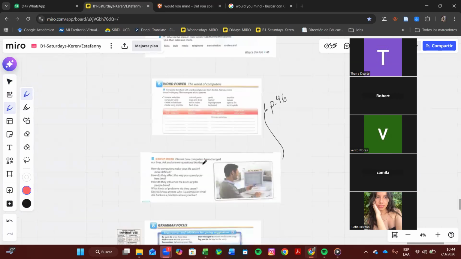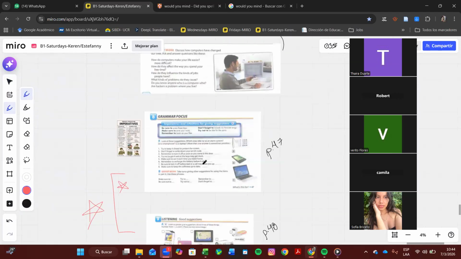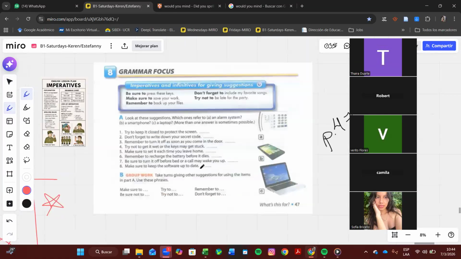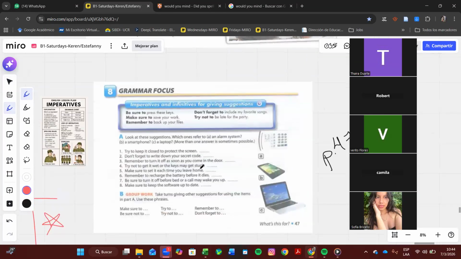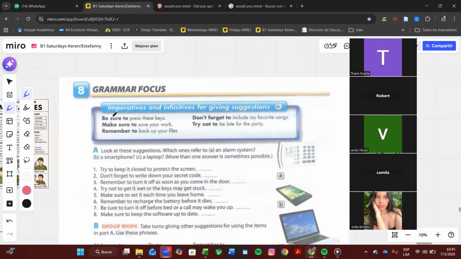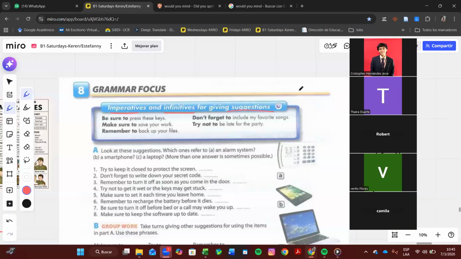Maybe we can go with this one as the last part of the class. So we have the imperatives and infinitives, right? For giving suggestions, okay? Para dar sugerencias.